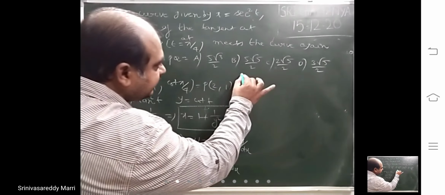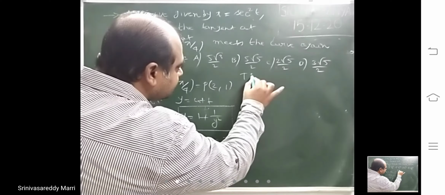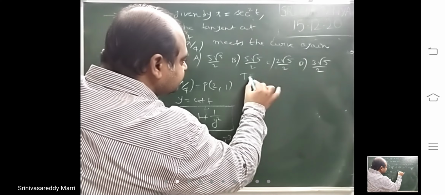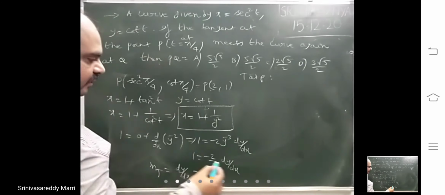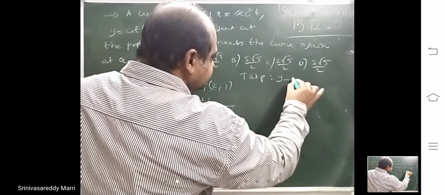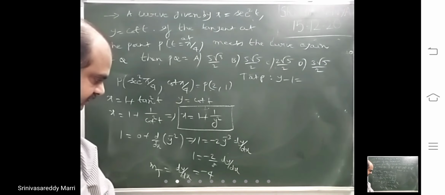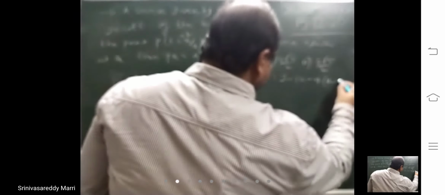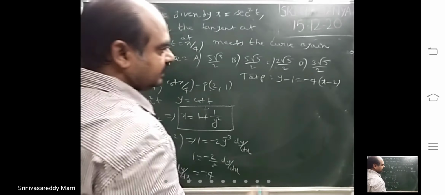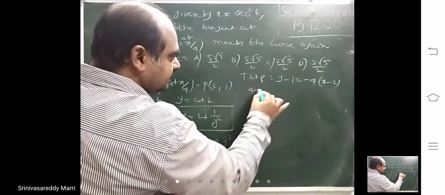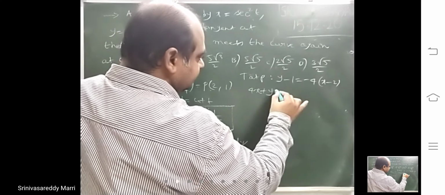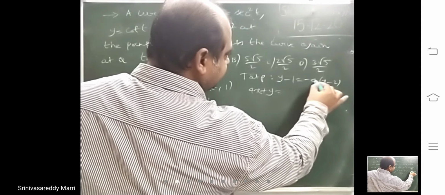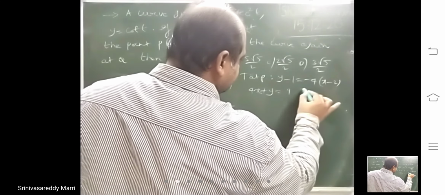Now I am writing the equation of tangent at P. P is this point. So y minus 1 equals m, which is minus 4, into x minus 2. That means 4x plus y equal to 8 plus 1, 9.